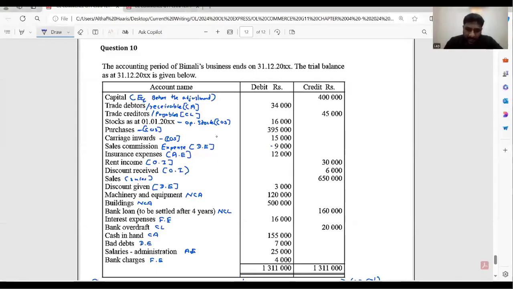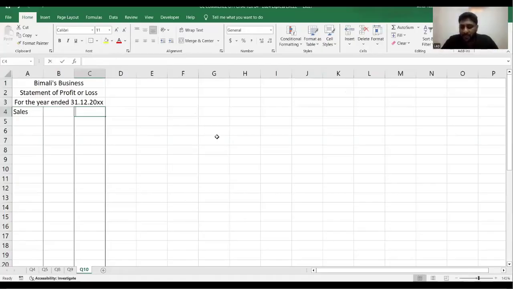So how much is sales? 650,000. Once you are done with an item, put a tick. 650,000.